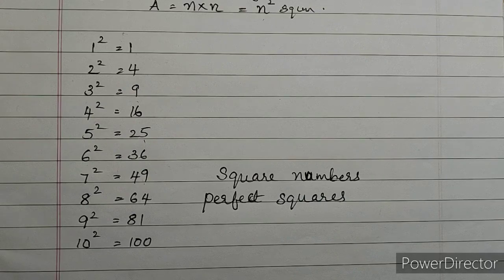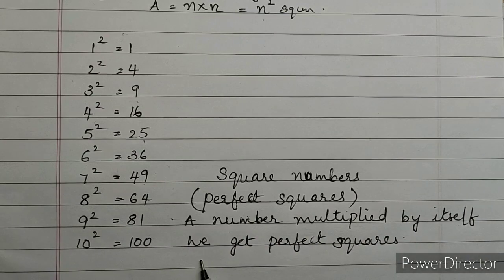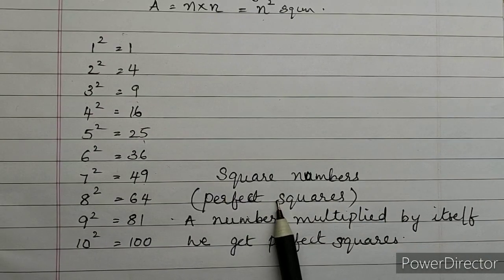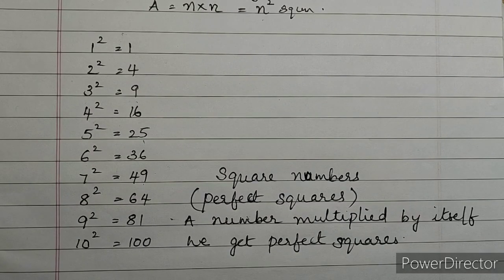Perfect squares and square numbers both are the same. So now you understood that any integer multiplied by itself gives a perfect square number. Whichever the number is, bigger or smaller, doesn't matter. 800 into 800, how much will it come?